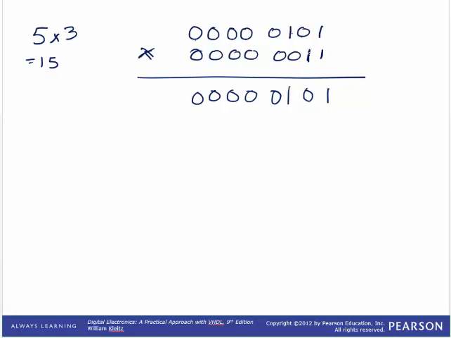The same thing happens with the next most significant bit. I'm multiplying 1 times this top number, which is called the multiplicand, right? Oh, by the way, multiplicand. And this is the multiplier.